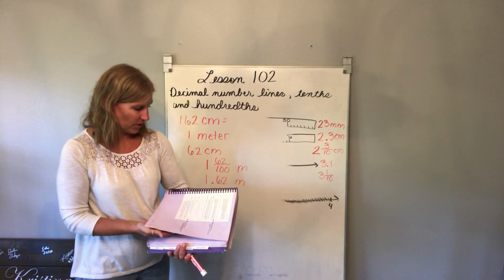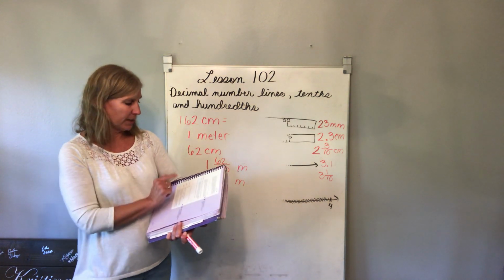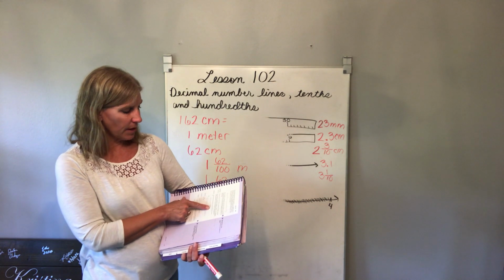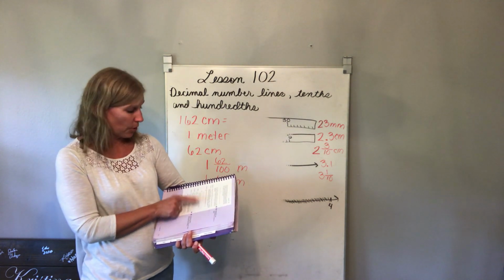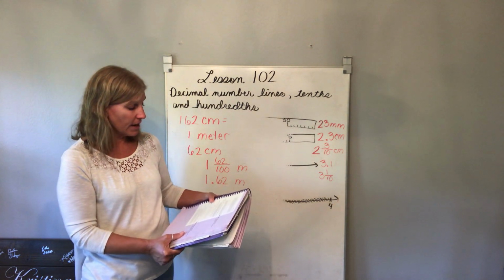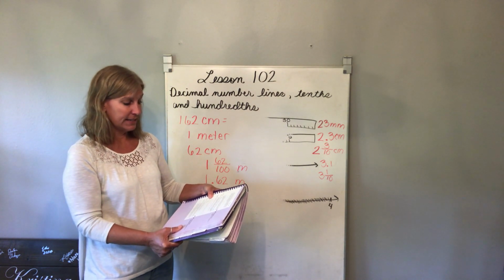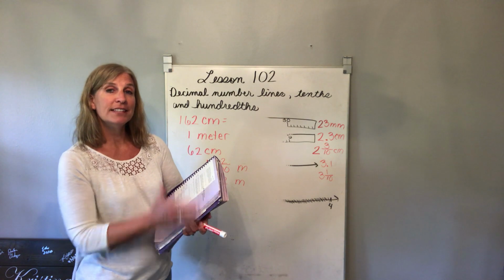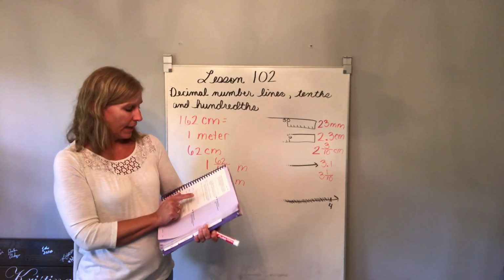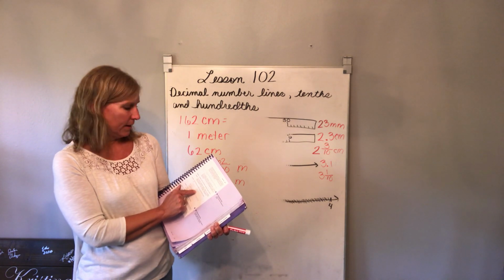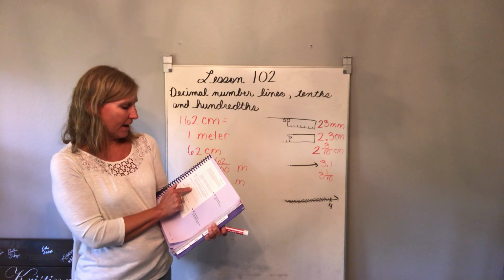All right, don't turn your page. Look at example 2. It says, write the decimal number to which each arrow points. Look at number line A. 8, 9, 10. And between the 9 and the 10, we have an arrow. Count over and see how many tenths are between that 9 and the 10.